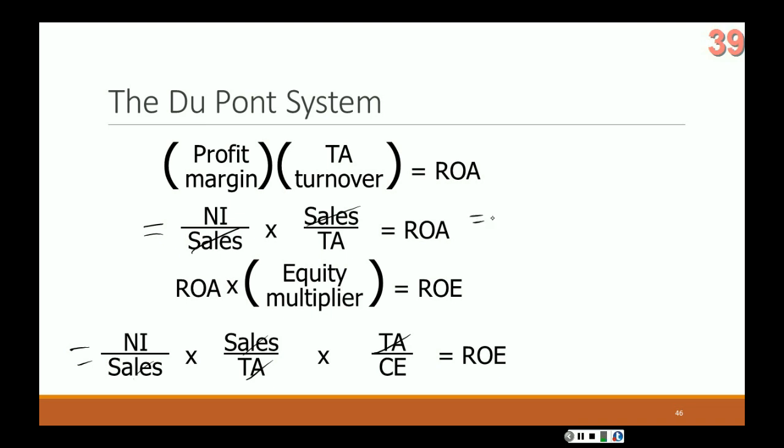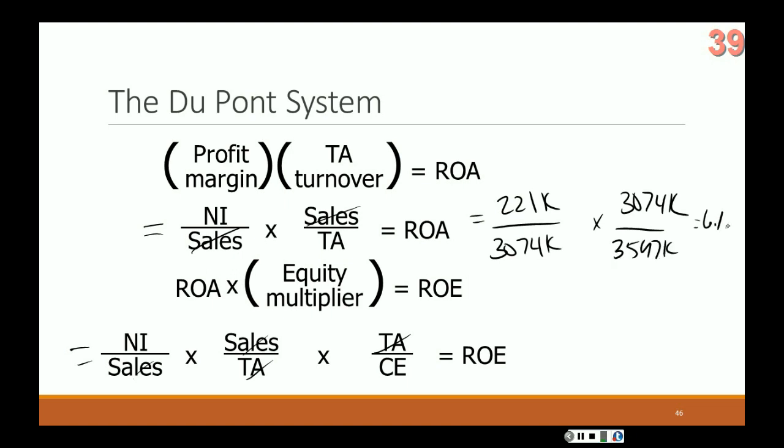So here if we were to look at this for Bartlett Company, we see that net income is $221,000 over sales, multiplied by sales over total assets. That gives you ROA of 6.12%. Now you could do the same thing here.